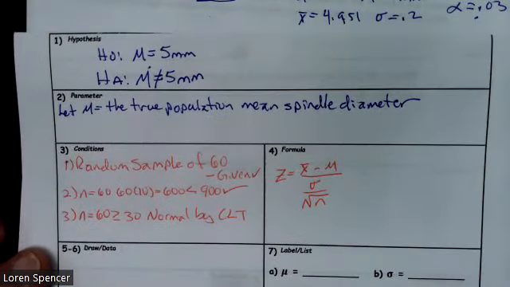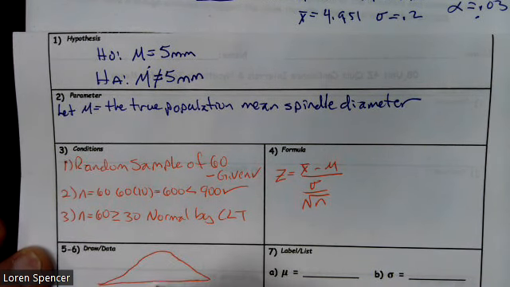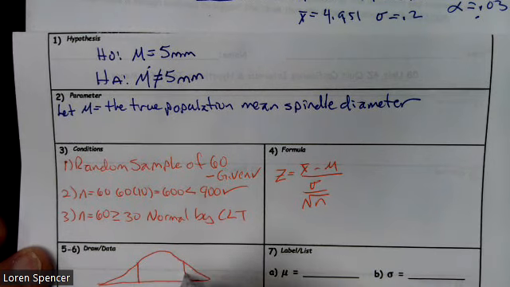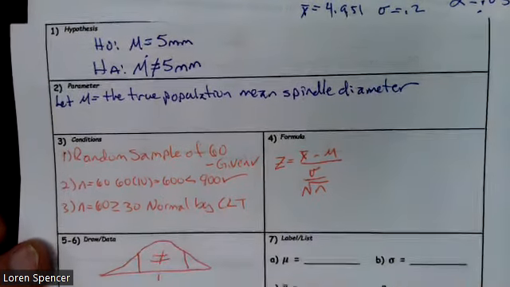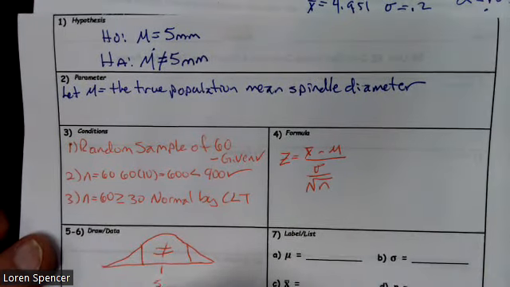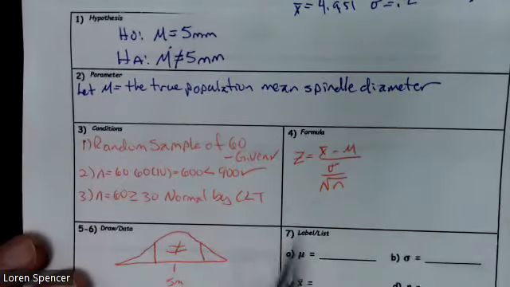So we need to draw our picture of this. This is a two-tail test, so we're going to be looking for this area in the tail. The claim is that it's 5 millimeters, but we ended up getting a value of 4.951.